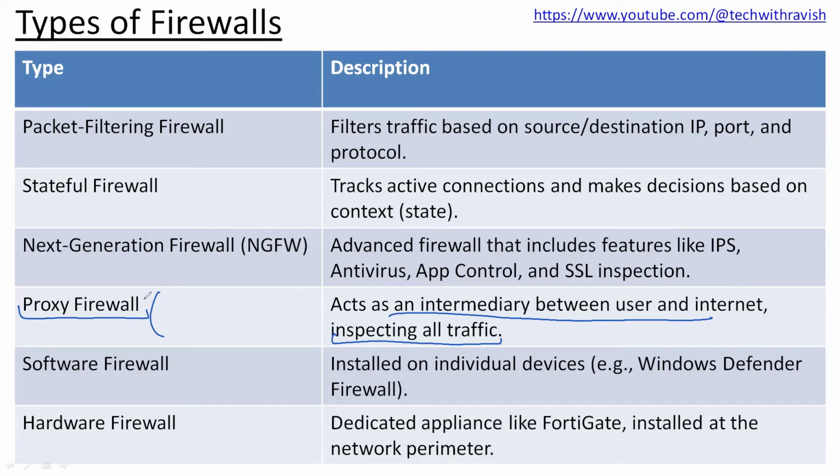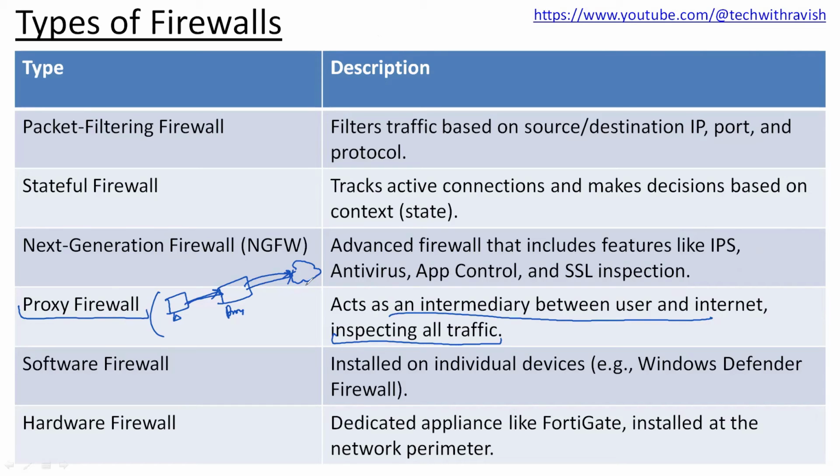So instead of forwarding the request from the computer, it will forward the request to the proxy firewall first. Then the proxy firewall will forward the data to the wide area network. The computer will not directly forward the request to the wide area network, but to the proxy. The proxy will forward the request to that specific server or website, and in response the firewall checks will be done.